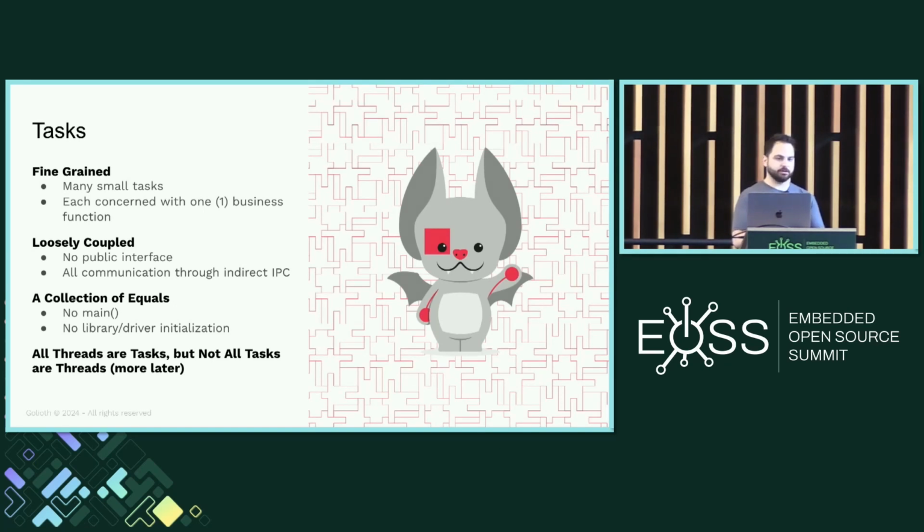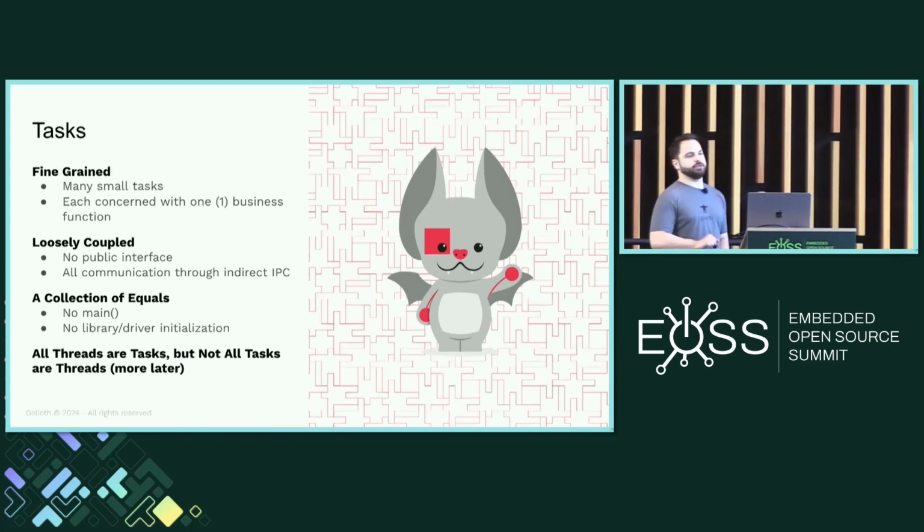You cannot call into them. They have no APIs at all. Instead, all communication is through indirect IPC. This means they're not exposing a queue that you put things into, but instead there's some other inter-process mechanism that allows these threads to communicate with each other without actually knowing with whom they're communicating. And we'll get into that in a minute.